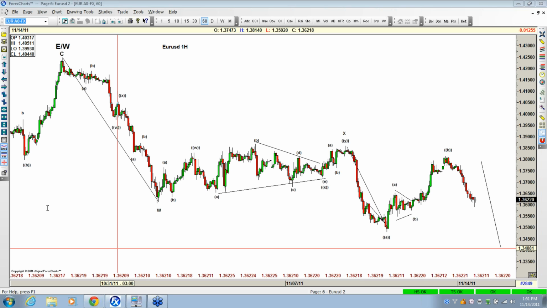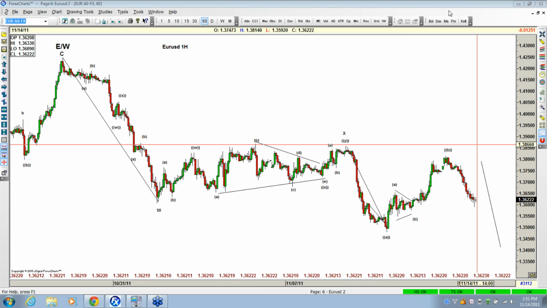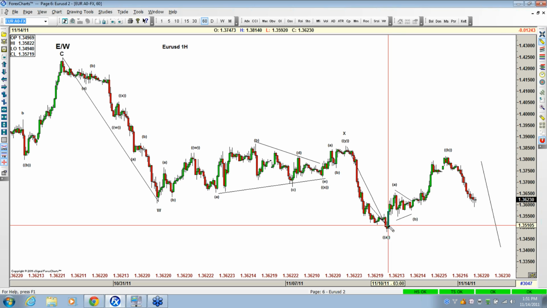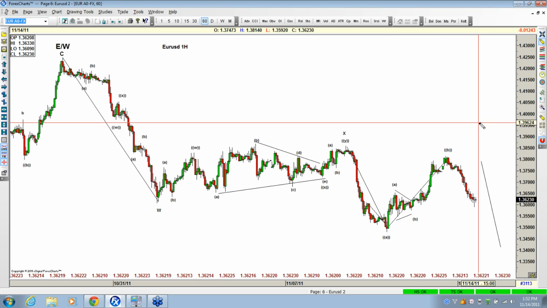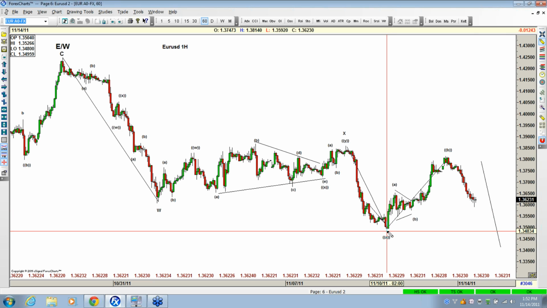The way I trade is that the only thing I care about now in the euro is that from here to here there was a 3-wave move, which is telling me that this is not the low in the euro.